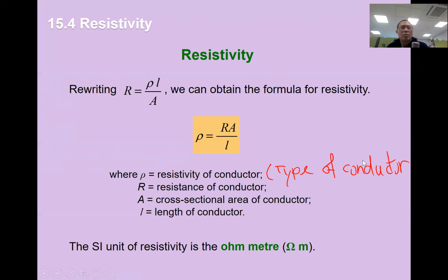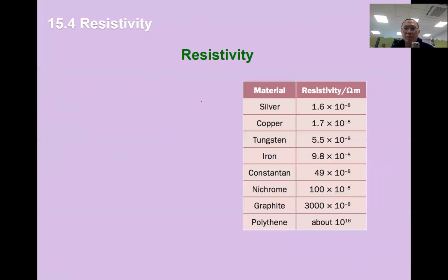And same thing, all the units you have are in SI units. For resistivity, the unit is ohm meter. Area is in meter squared. Length is in meter. So once all three components are in SI units, you'll find that the resistance will be in ohms, the SI unit for resistance.